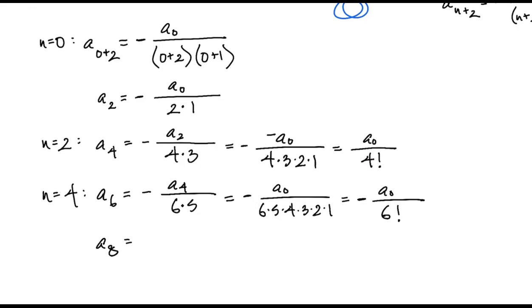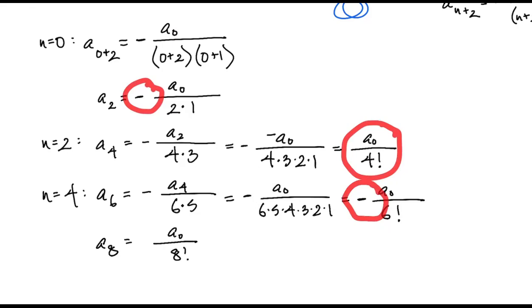It would just be negative a sub 0 over 8 factorial. Close, close. I do believe that denominator is going to be an 8 factorial. That matches the pattern. I agree that there's going to be an a sub 0. Thoughts about the sign of this? Because we've got a -1, a +1, a -1.